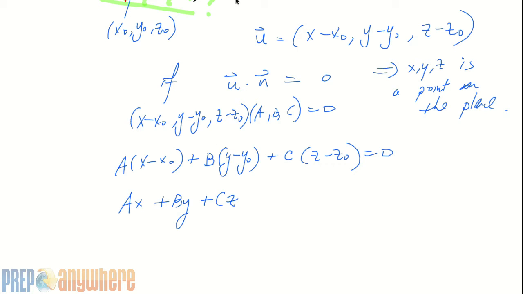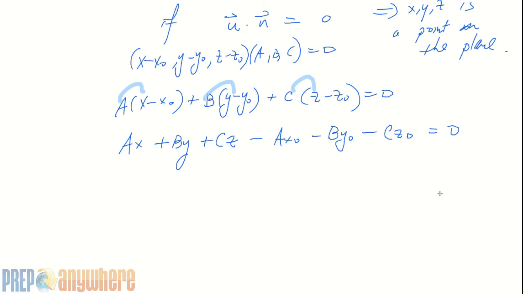I'm doing the distribution of this, this, and that first. And then I'm going to have a minus AX0, a minus BY0, and a minus CZ0. Okay. This is a constant, agreed? It's a constant. So I'm going to call all of this D.